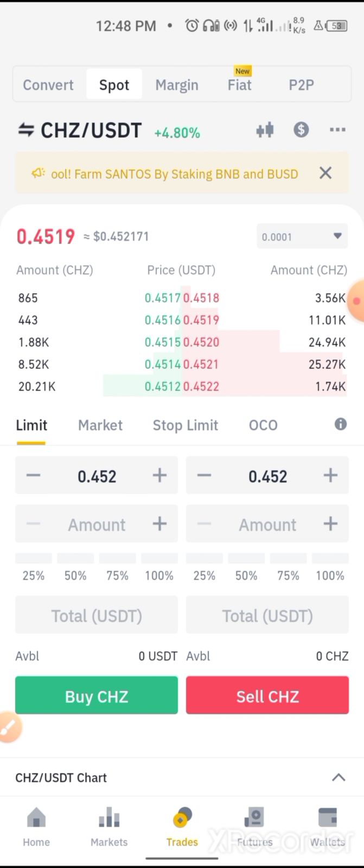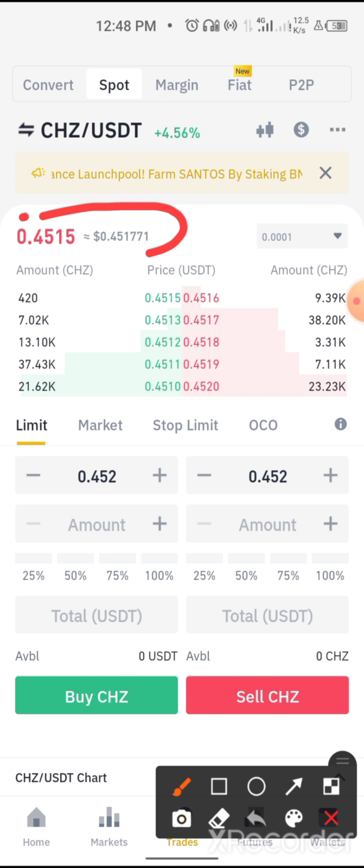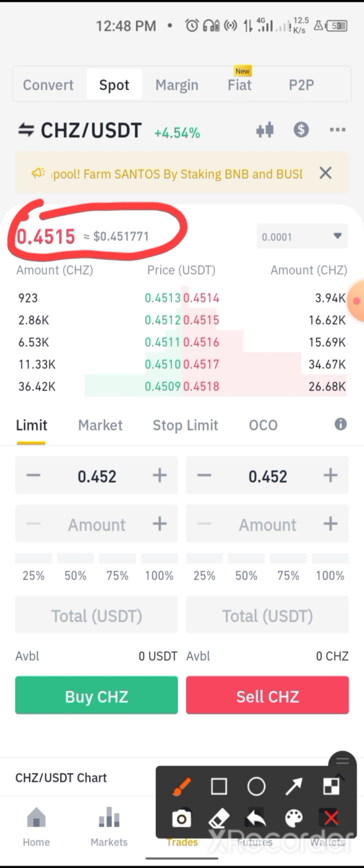Now these various orders are for different purposes, and the first one is the limit order. With the limit order, you are telling the exchange to buy for you at a particular price, so you are setting your own price. If you look at the current trade that is ongoing, the price is currently at 0.4513.